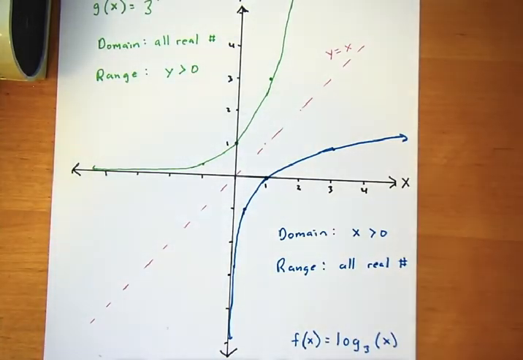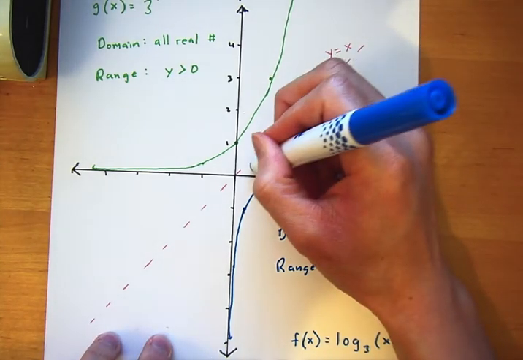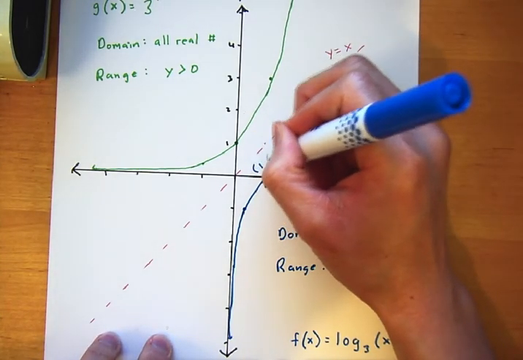One thing you'll notice is that all of our logs, or I guess both of the logs that I just showed, went through this point right here, (1, 0).